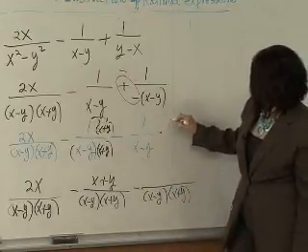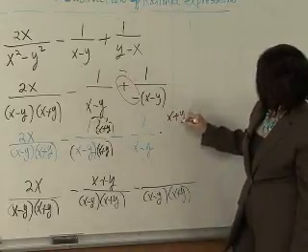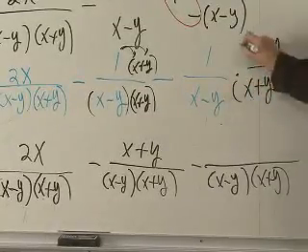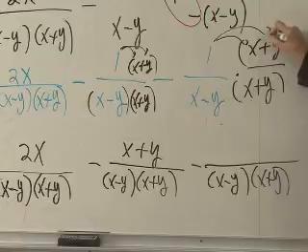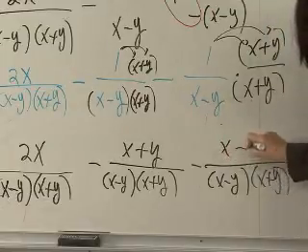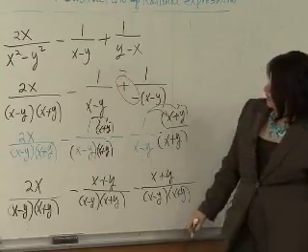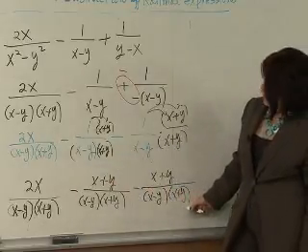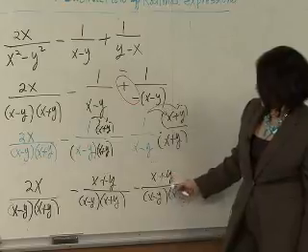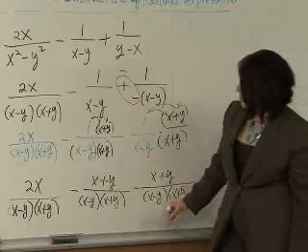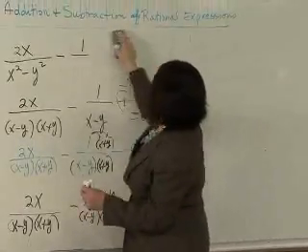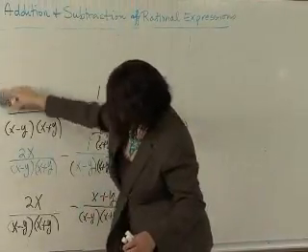And here, I still need to multiply top and bottom by x plus y to get the LCD. Again, I distribute that over, so I get x plus y. All I need to do is keep my LCD the same and subtract the numerators. So let me take this up here and erase my original problem and do that step up there.